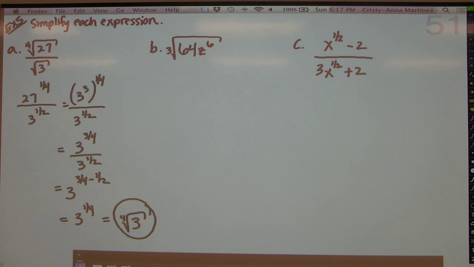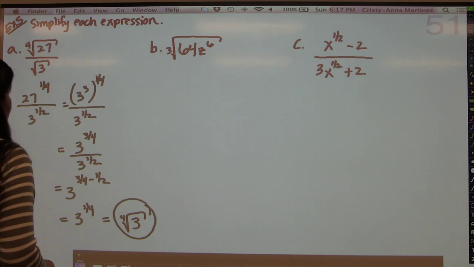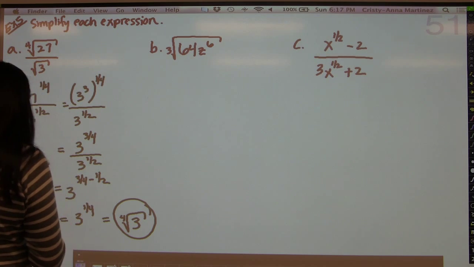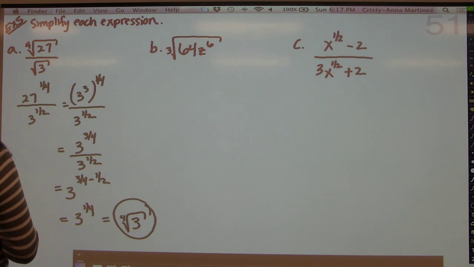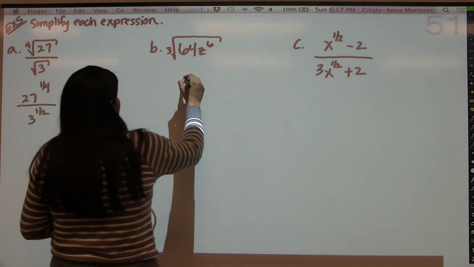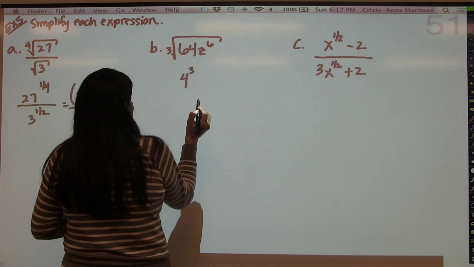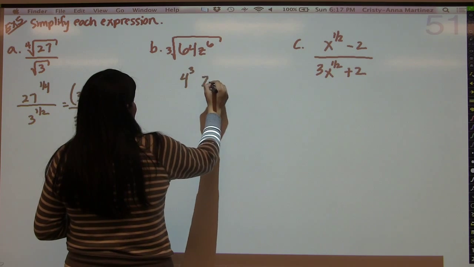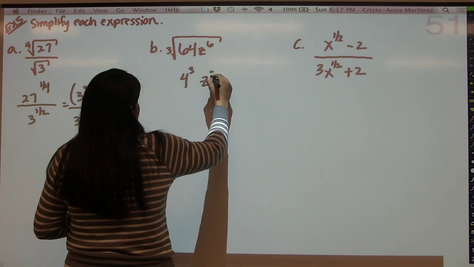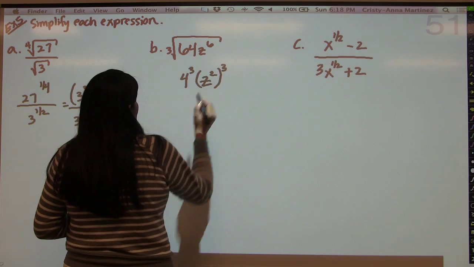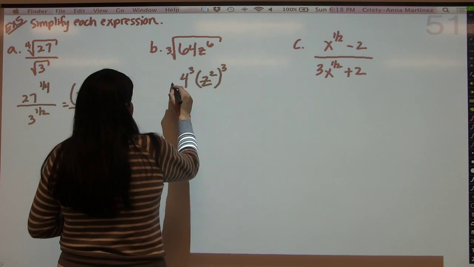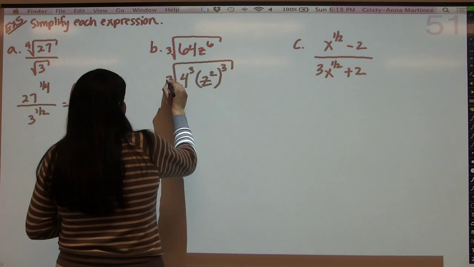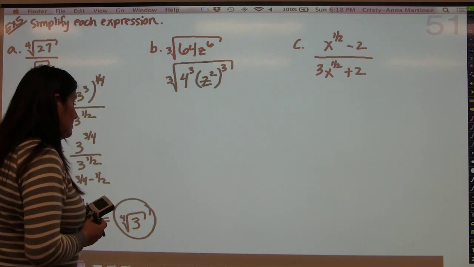Alrighty. So now we're going to go to part B. And the cube root of 64. So let's see here. I know that 4 to the 3rd power is 64. And then for my z, I'm going to put z squared to the 3rd power because 2 times 3 is 6. And remember, I want all of these to be 3s because my index is a 3.